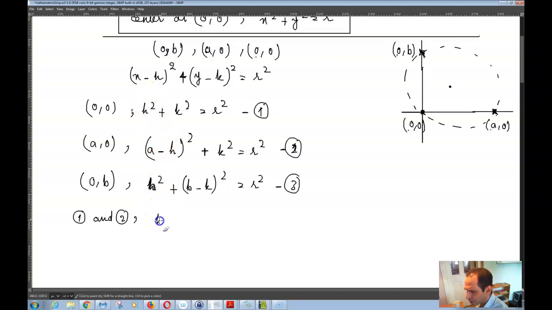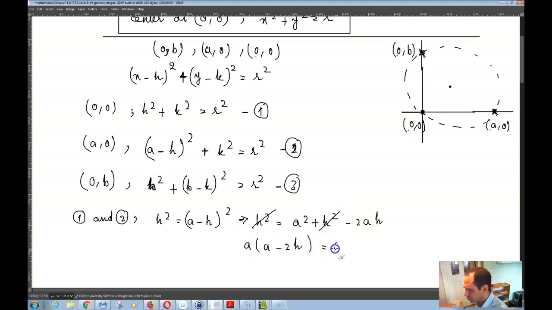I can write h squared is equal to a minus h whole squared, which means that h squared is equal to a squared plus h squared minus 2 times ah, and h you can cancel out, and what that means is that basically a times a minus 2h is equal to 0.